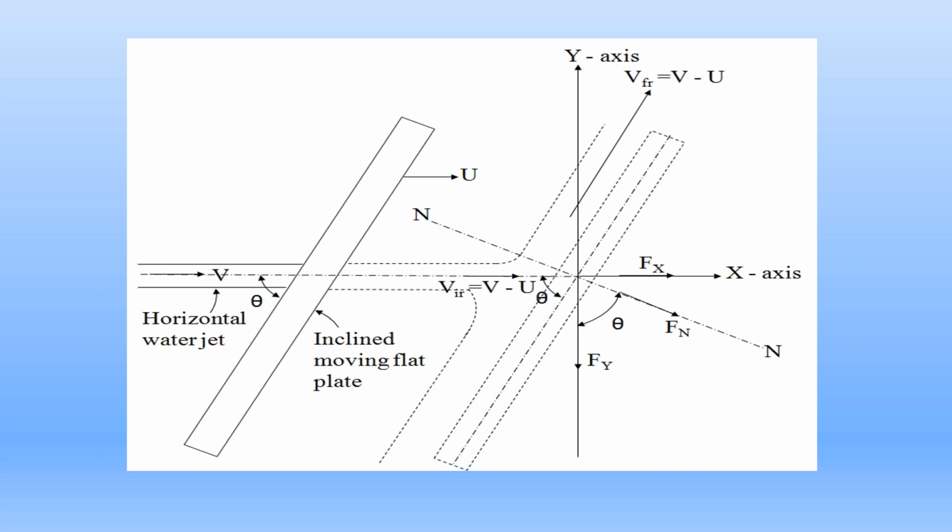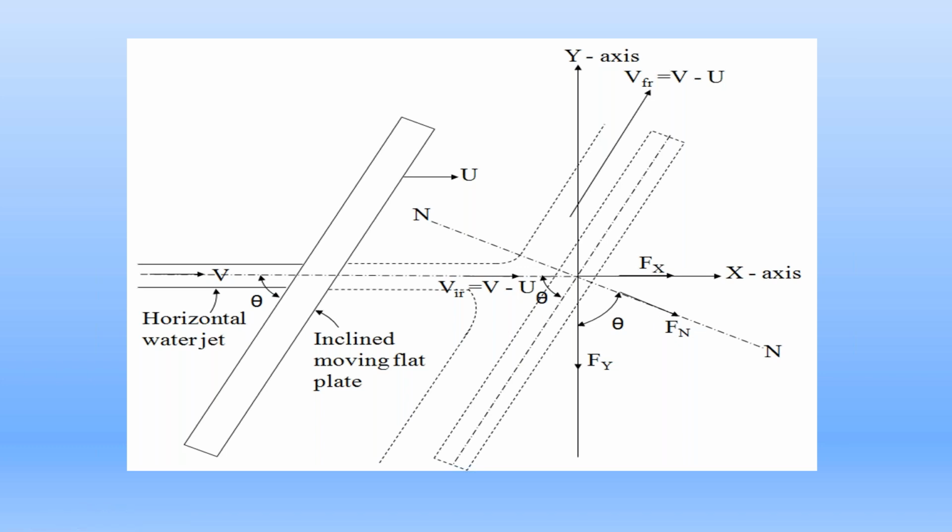In the direction of force Fn, the initial relative velocity VIR makes the angle of 90 minus theta. So the initial relative velocity in the direction of force Fn is VIR cos(90 minus theta), that is VIR sin theta. Whereas the final relative velocity VFR is perpendicular to the force Fn, so the final relative velocity VFR in the direction of force Fn is 0.